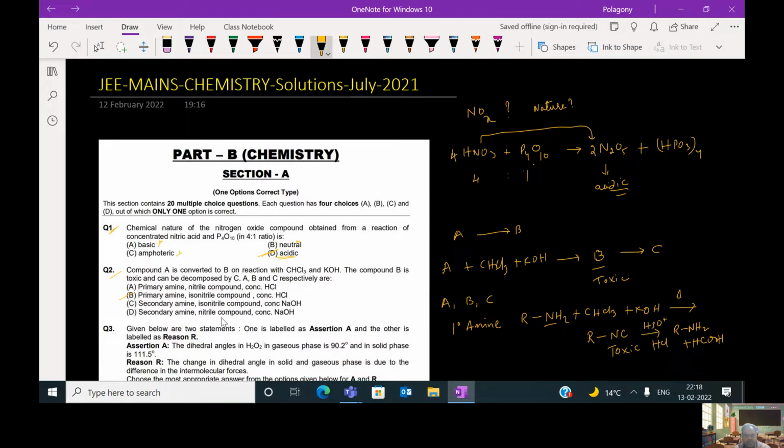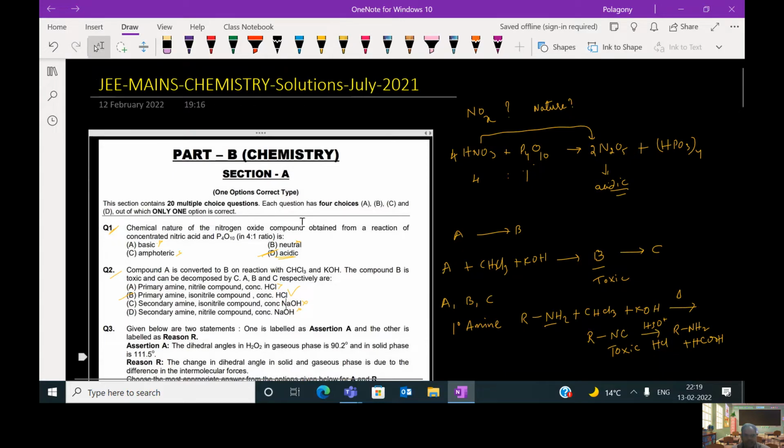So these other options can be eliminated, and the first also can be eliminated. The most appropriate answer is B, primary amine, isonitrile compound, concentrated HCl.